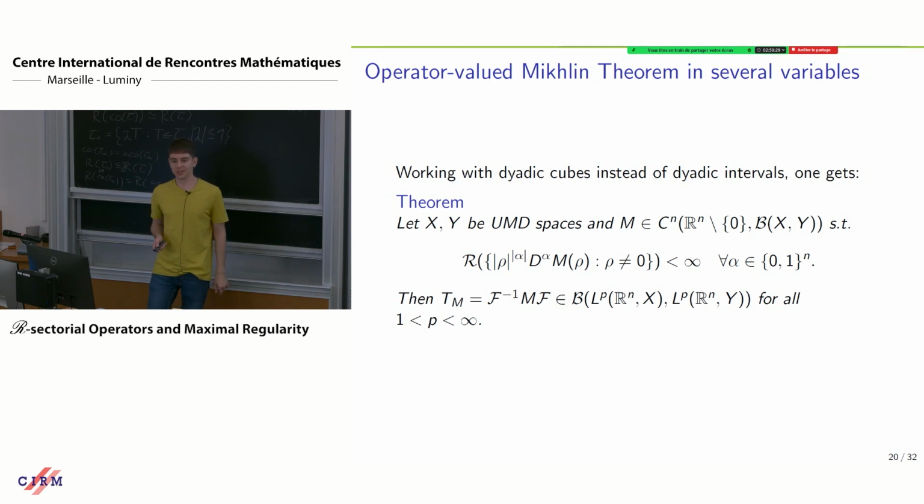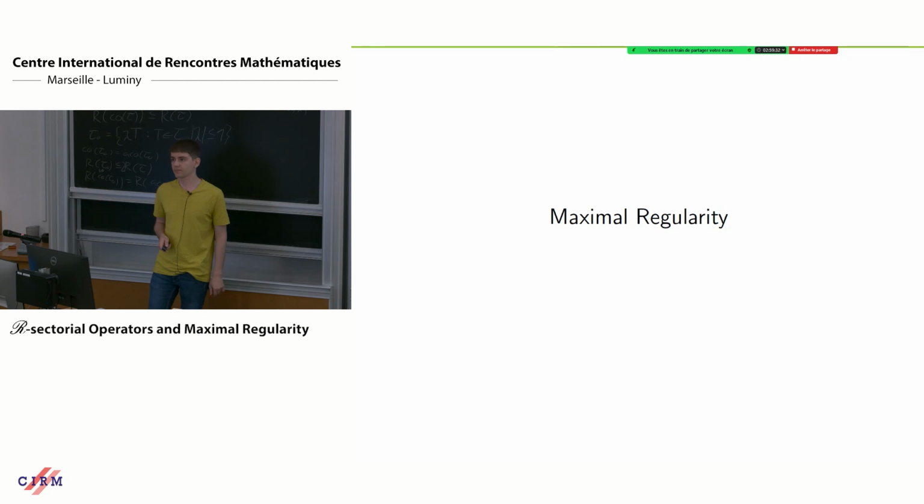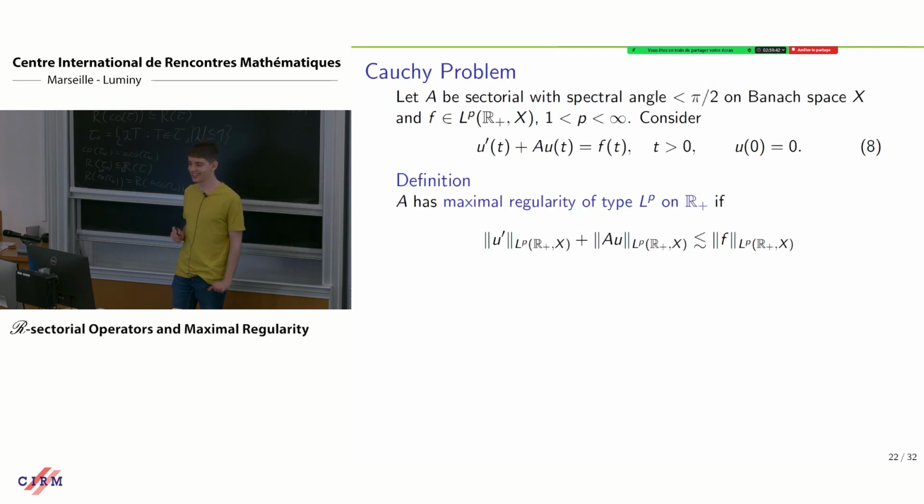Okay, so this finishes the part on the Fourier multipliers, and now we give some applications to the maximal regularity problem. So let's just recall what maximal regularity is again. Let us consider some sectorial operator A with spectral angle less than pi half and some L^p function f. And we have a look at the Cauchy problem u' + Au = f with initial value 0.